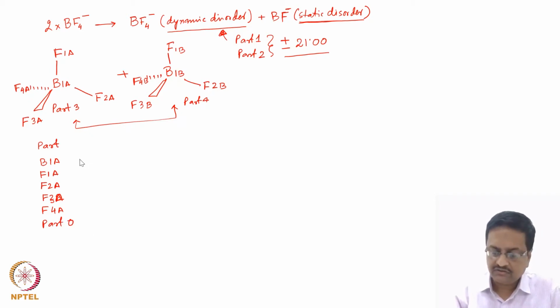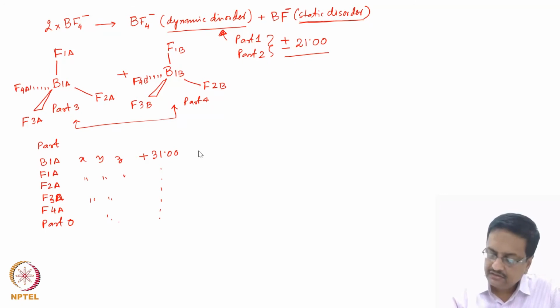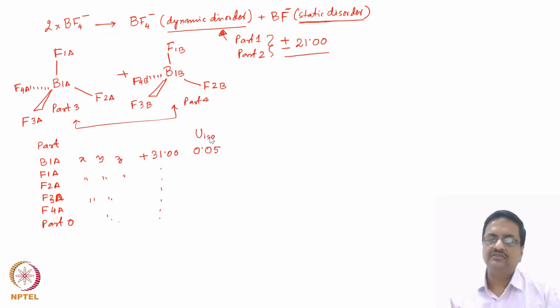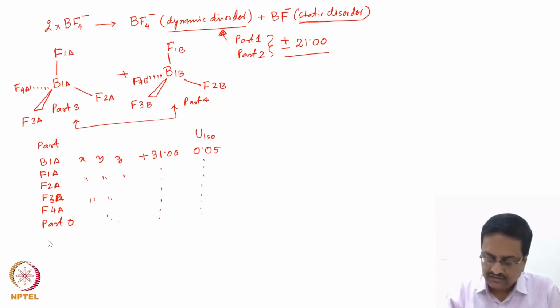So these will have the corresponding x, y, z coordinates for all of them, different of course, and we assign the occupancy factor as plus 31.0 for all of them, and we assign a starting isotropic thermal parameter, U iso, as 0.05. Then this is part 3, we write part 4 and write the coordinates.